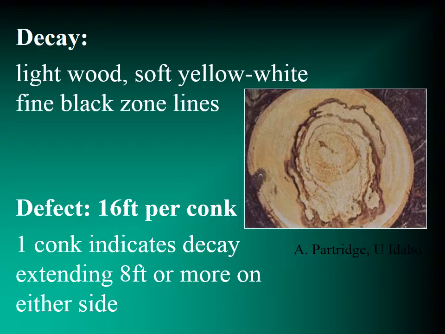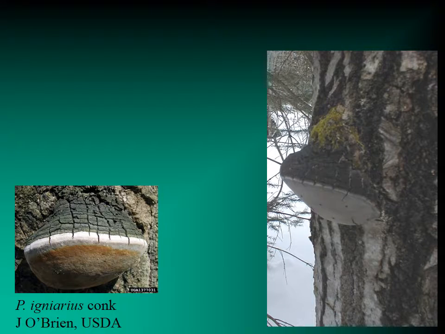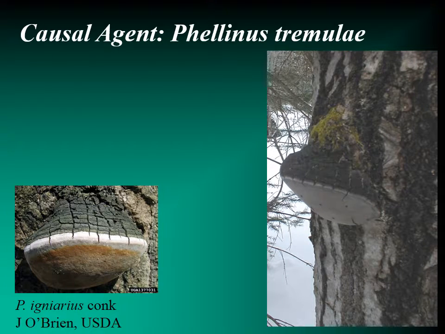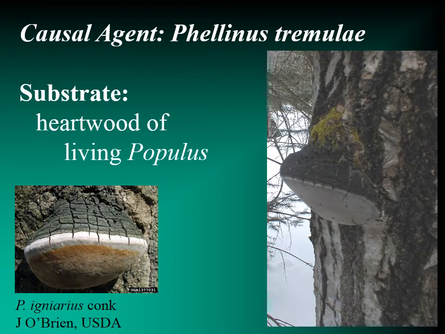The defect here is basically 8 feet on either side of a conch, so about 16 feet per conch. This is the Phellinus tremulae, so it's the same call, but this only occurs on populus.